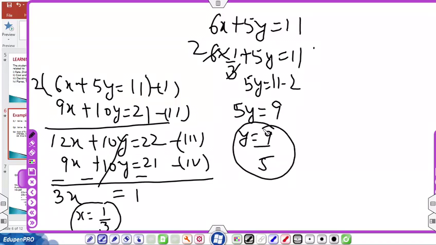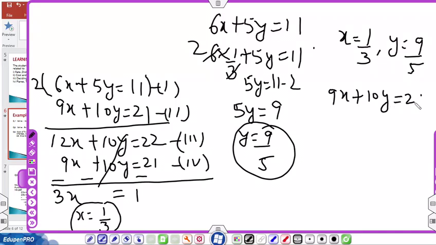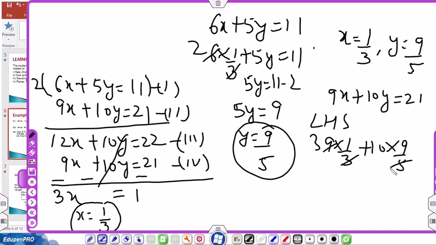We can check whether the solution is right or wrong. I am going to take the second equation, take the left hand side, substitute these two values. 3 plus 18 is 21 and the right hand side is also 21.